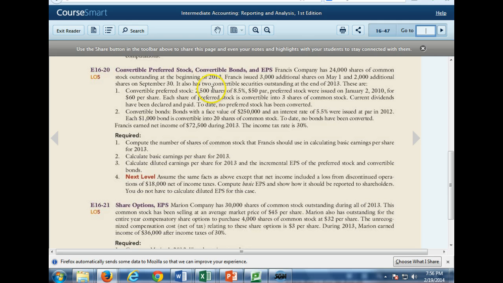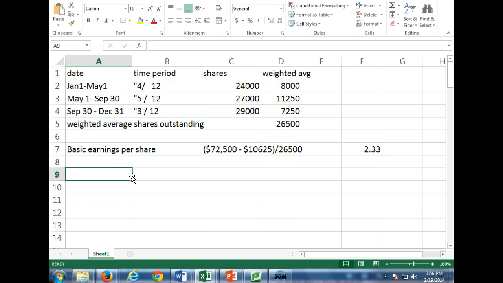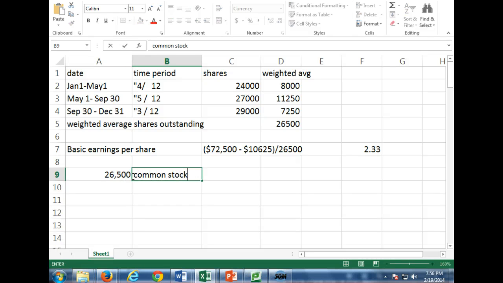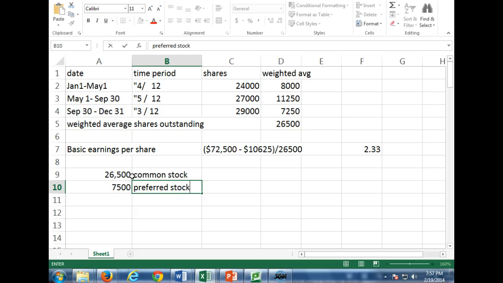So would it be safe to say that if we dilute it, 2,500 shares of preferred stock really equals 7,500 of common stock? Does that make sense? So let's go back and figure out our number of shares. We've got 26,500 shares of common stock, and then to convert the preferred stock, it's 7,500 shares.